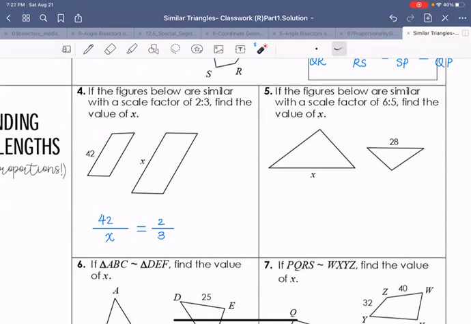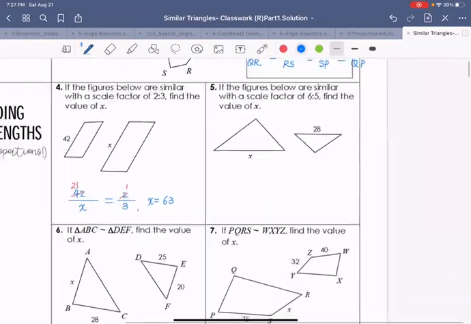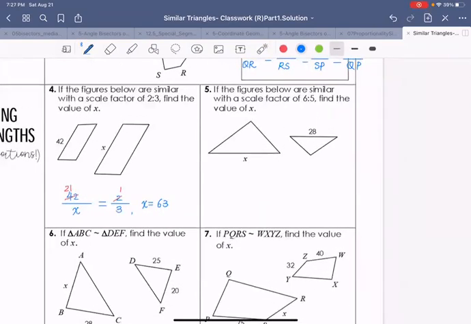We can divide 42 by 2, which is 21. And this guy also divided by 2 becomes 1, right? Yeah. So x will be 63. There you go. Thank you. Nice.